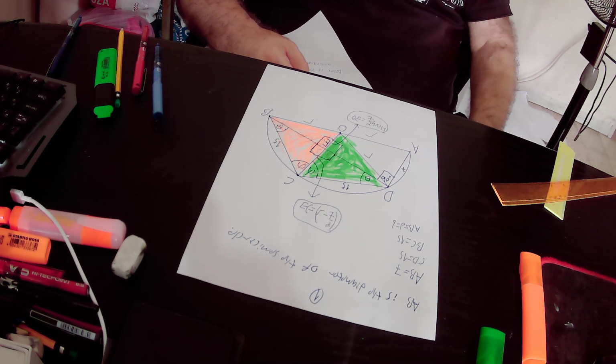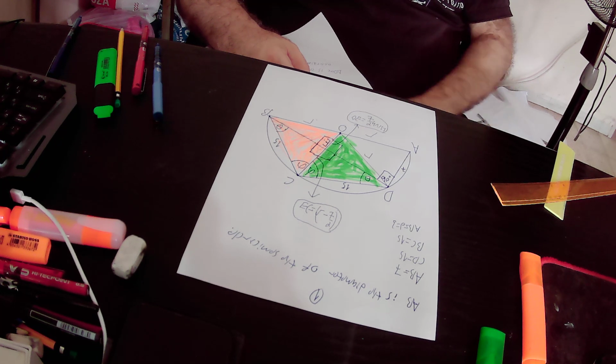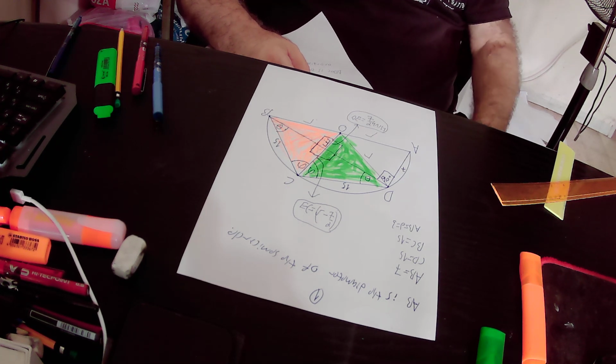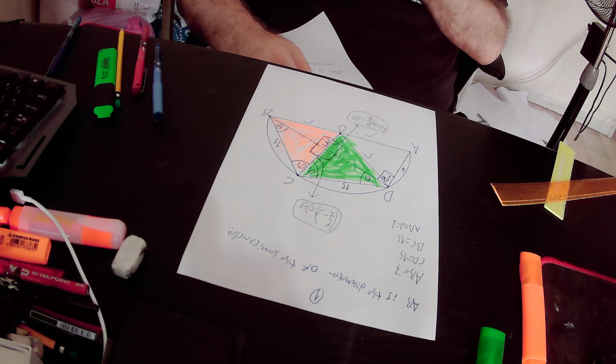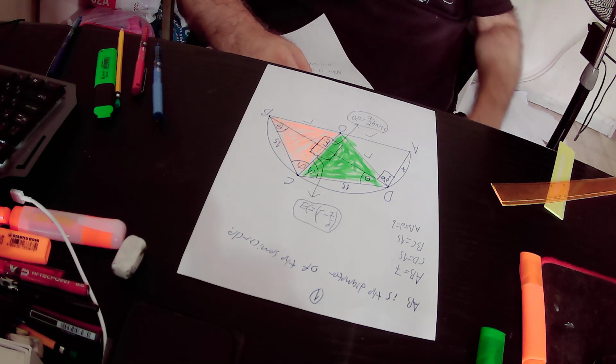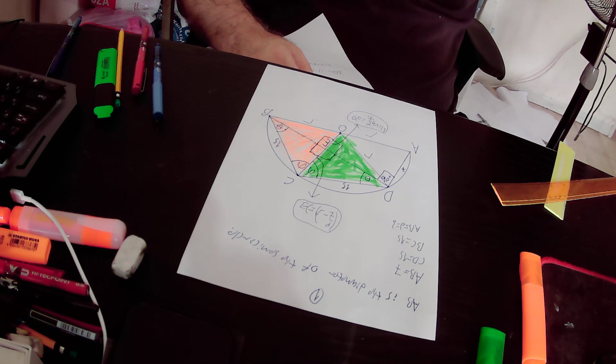So in this way we proved that all the sides of the green triangle are equal to all the sides of the orange triangle. Therefore, those two triangles are congruent.